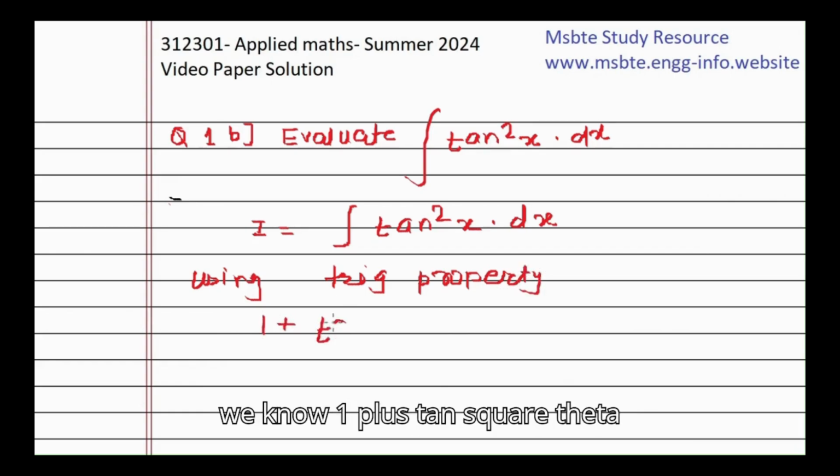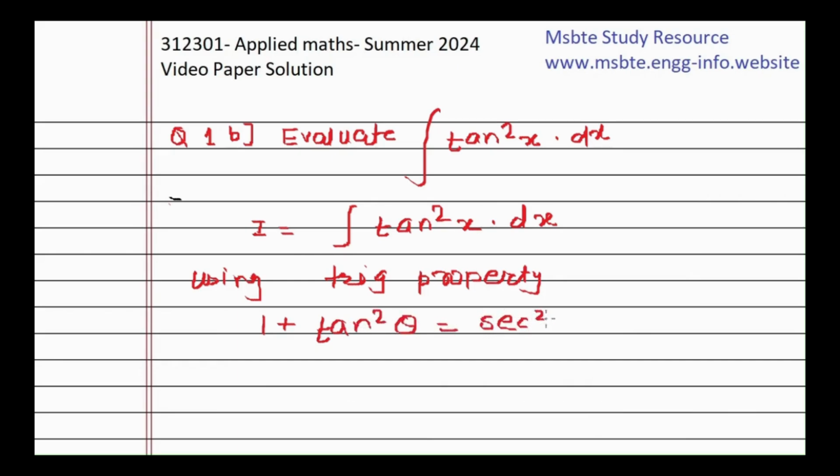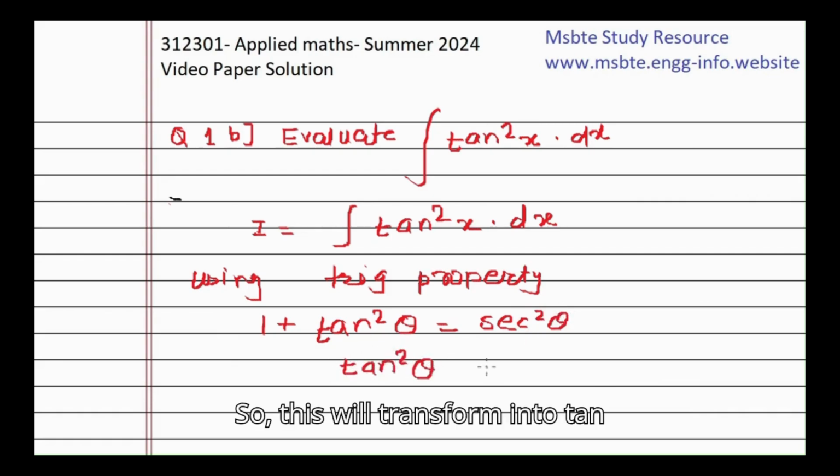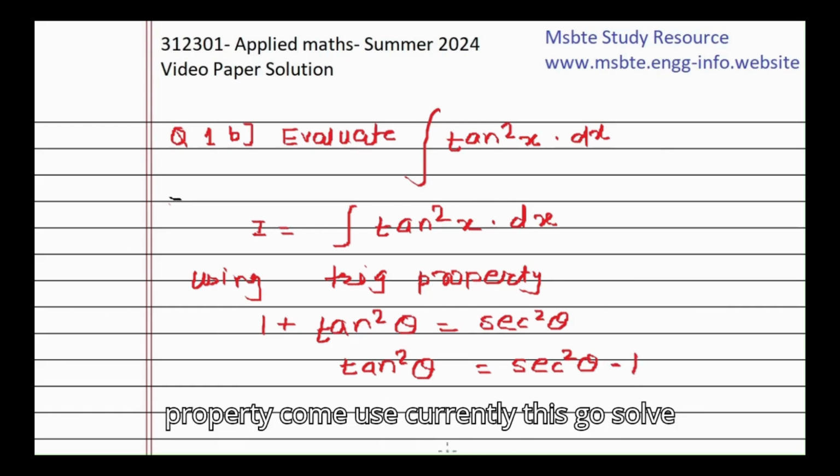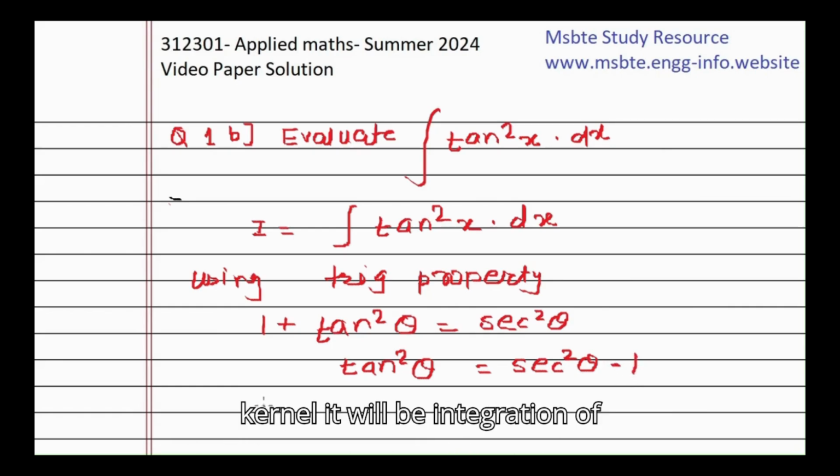We know 1 plus tan square theta is equal to sec square theta. So tan square theta हो जाएगा sec square theta minus 1. तो इस प्रॉपर्टी को हम यूज करेंगे इसको सॉल्व करने के लिए. तो it will be integration of sec square x minus 1 into dx.